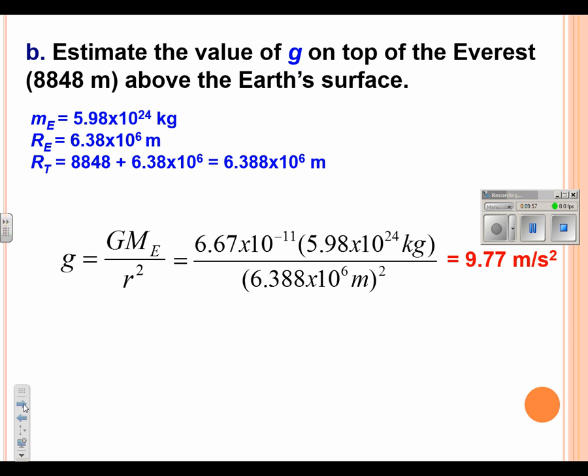When we increase the distance between the objects, we are changing the force of gravity by the inverse square. Proportionally, it'll be inversely proportional to the square of that distance change. So this should make sense: if we increase the distance, the force goes down, and if the force goes down, then the acceleration also goes down.